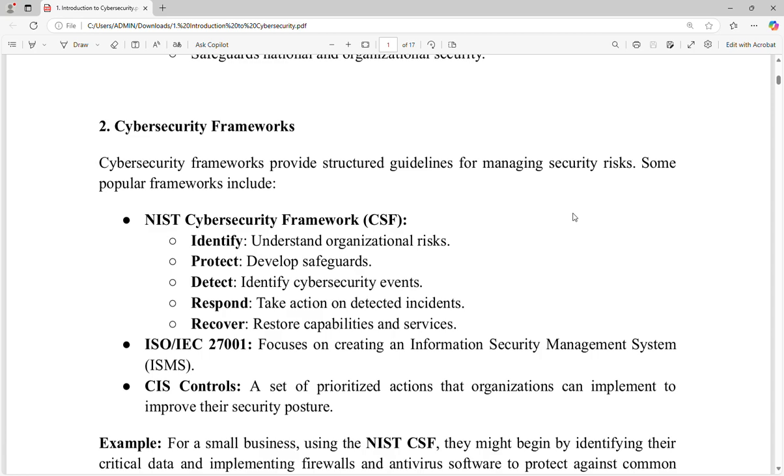And we also have CIS Controls. This sets priority actions that an organization can implement to improve their security posture.